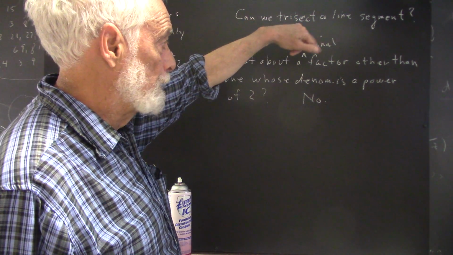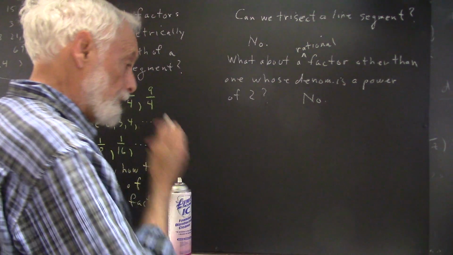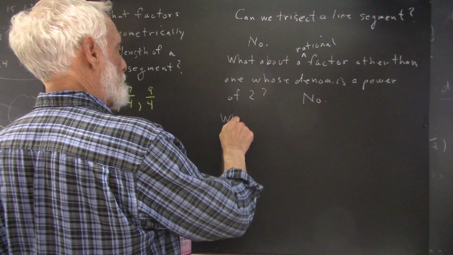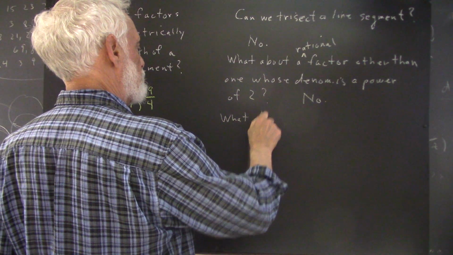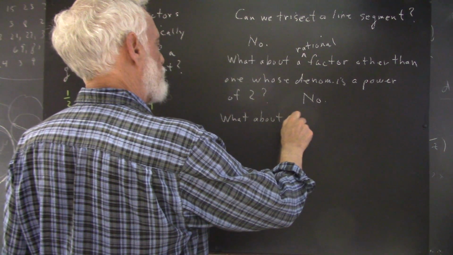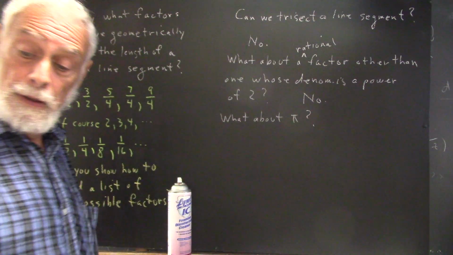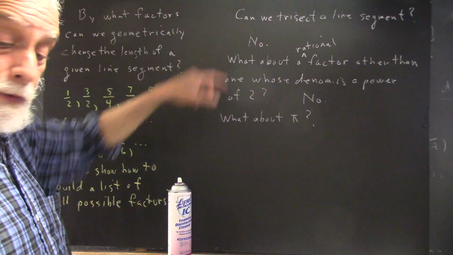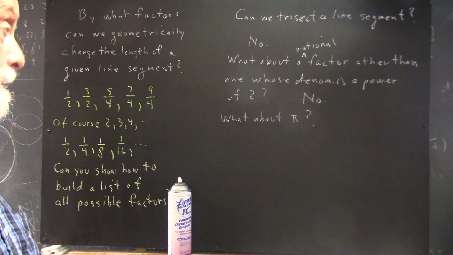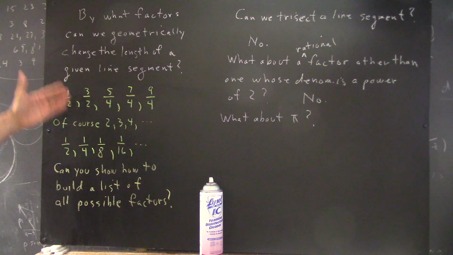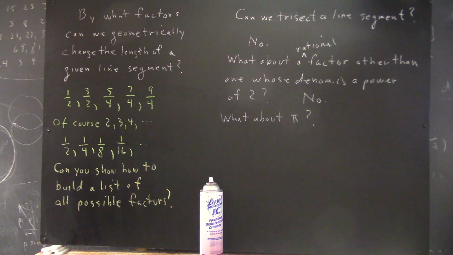A rational factor other than those whose denominators are a power of 2. Okay, what about pi? Okay, pi is not a rational factor, so that hasn't been addressed. Okay, well, set of interesting questions, but start by building a list of these factors.